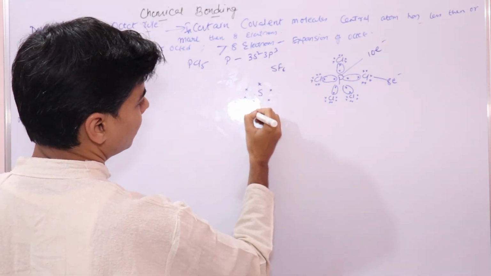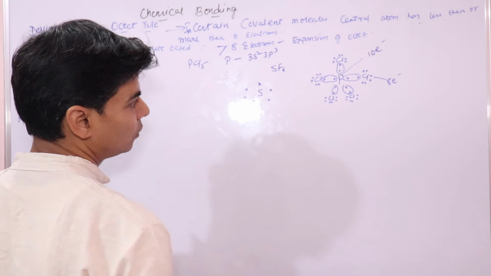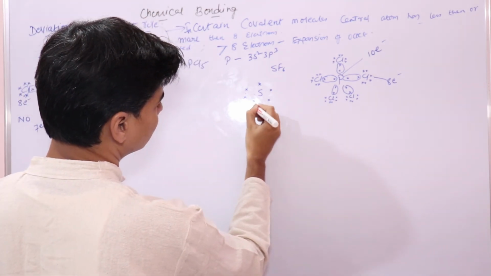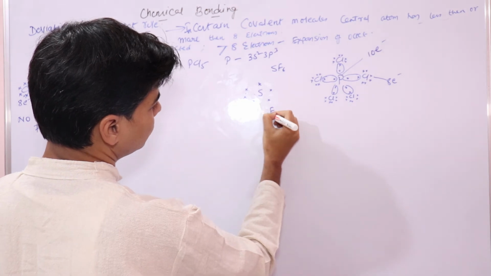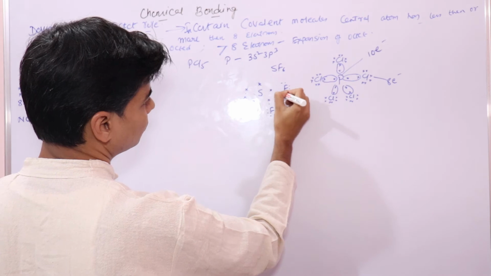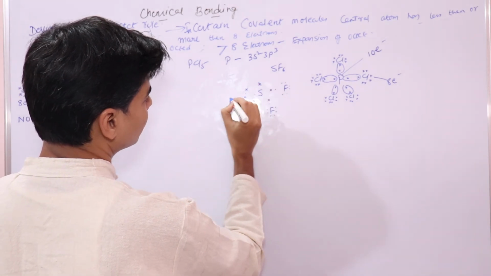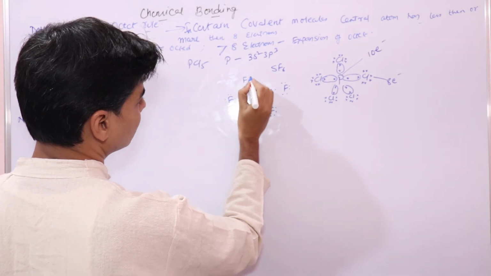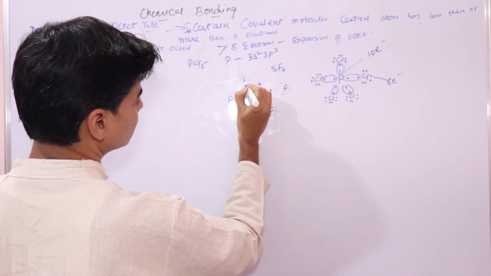And fluorine always has 7 electrons. Here 1, 2, 3, 4, 5, 6, 7. Similarly for each of the other fluorine atoms, 1, 2, 3, 4, 5, 6, 7.